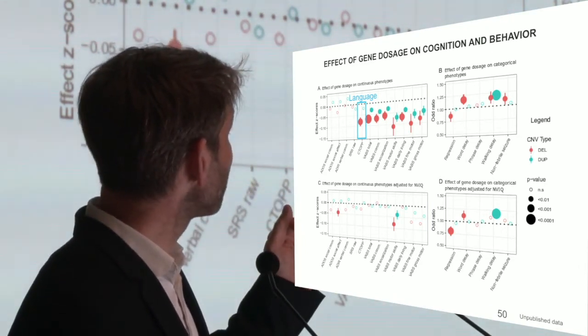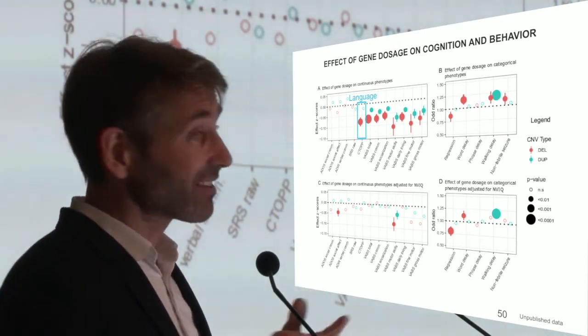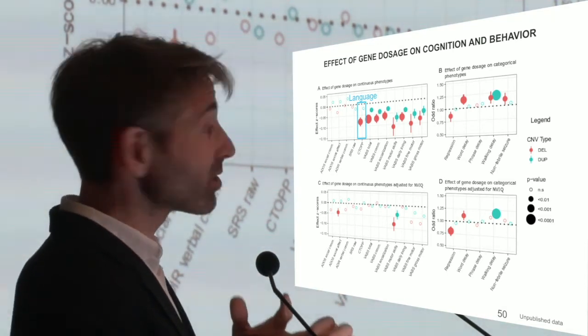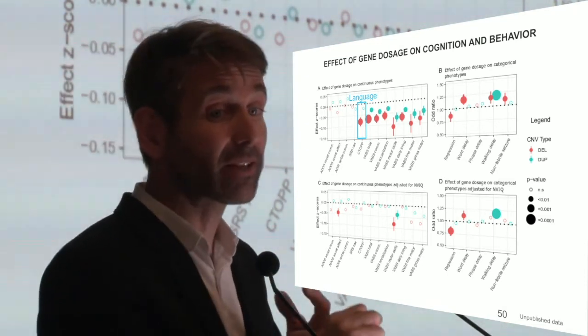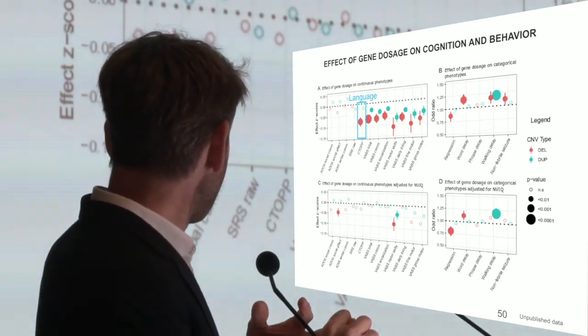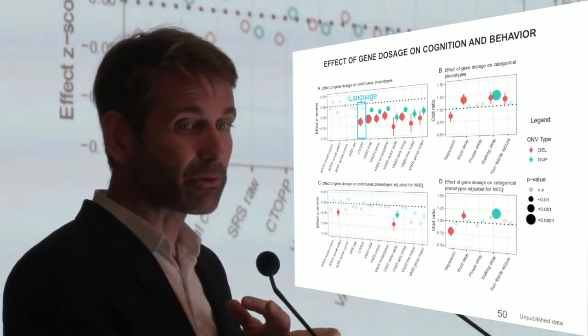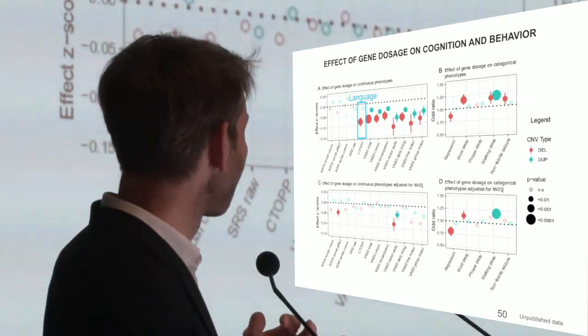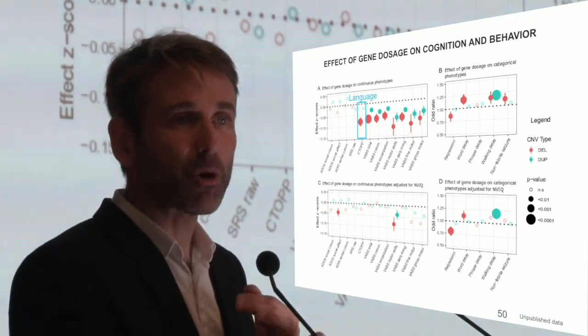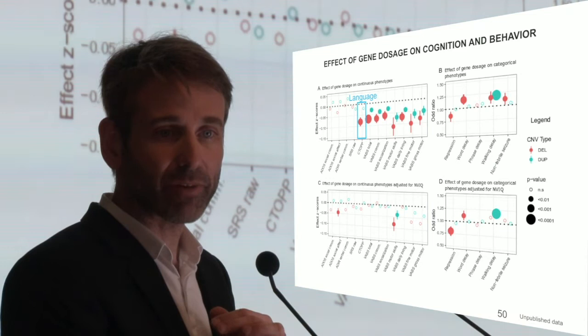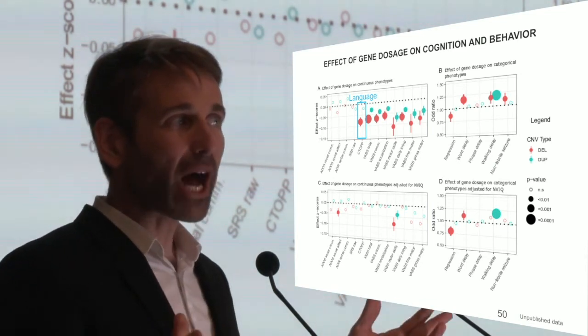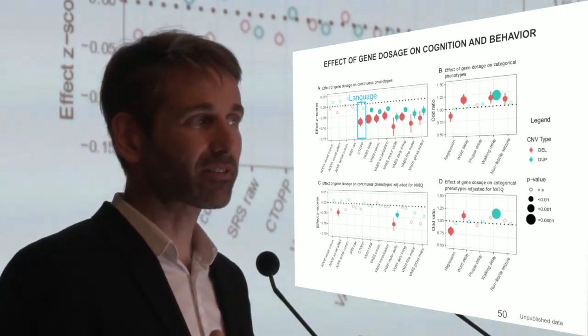On the other hand, duplications, it's not IQ, it's not language, so duplications don't do anything to language, nothing. They don't really seem to do anything to core symptoms. The only thing they do is motor skills that we were able to measure. So why are they present in our autism kids?